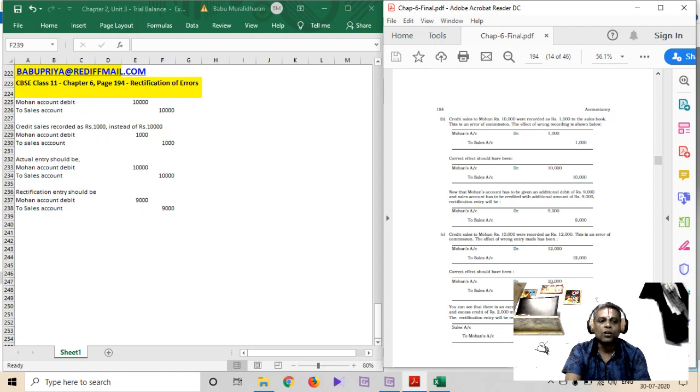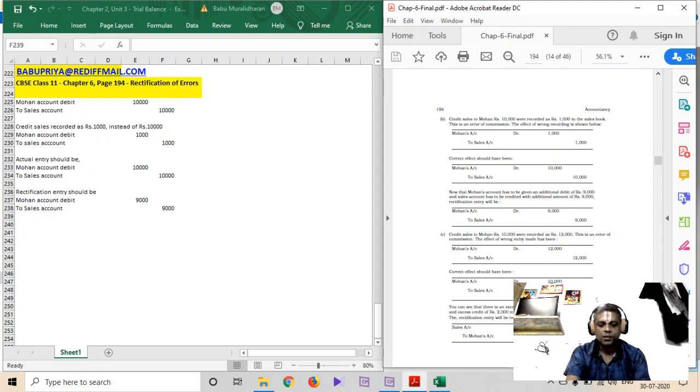When we reverse this entry, sales account debit to Mohan account 1,000 rupees, then the rectification entry should be for 10,000 rupees. Here in this case, we have processed an entry only for the difference amount. 1,000 is already there. Now we are processing an entry for another 9,000 rupees.